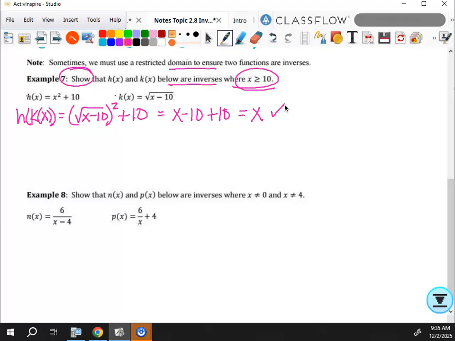Okay. Then I have to do k of h of x. So I'm going to have the square root of, and then everywhere I see an x, putting this in here, x squared plus 10 minus 10. Okay. So this is going to give me the square root of x squared, which is x.